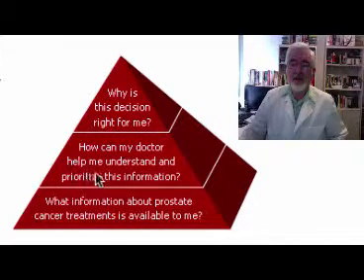On the second level, the question is, how can my doctor or coach or expert help me understand and prioritize this information? You have to understand the information, then prioritize, because only then do you ask your own question: why is the decision right for me?